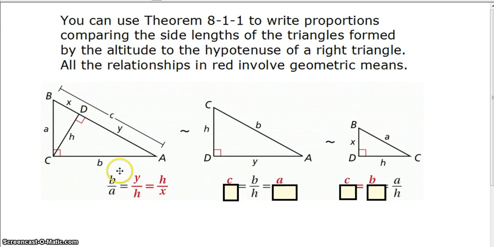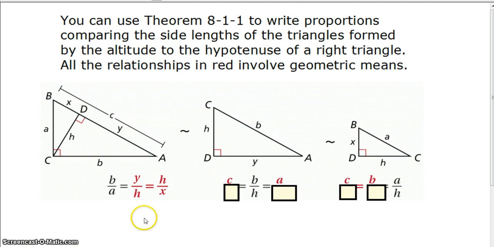This true set of proportions, and notice we have a geometric mean in the red proportion here. We have the denominator of this ratio equal to the numerator of this ratio, so there is a geometric mean, okay?